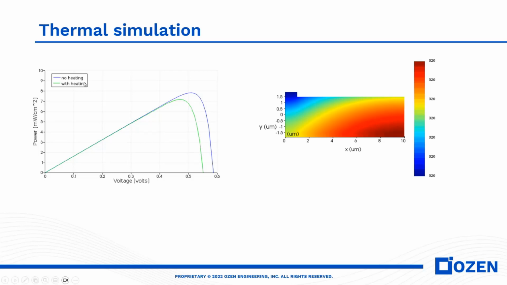The blue one is the IV characteristic for the power with the effect of heat, and if we ignore the heat, you can see that the amount of power with the effect of the heat is decreased. And also this is the heat distribution for different temperatures.